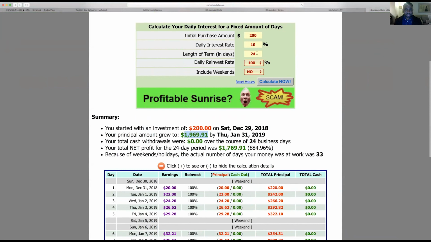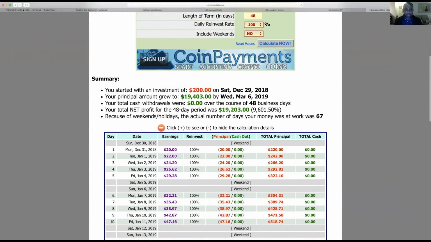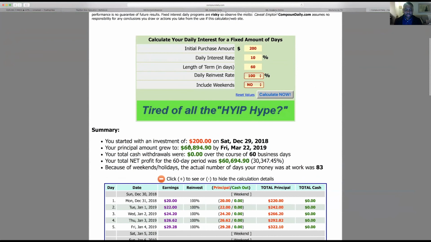Now watch this. If you are able to do this for 4 years, this is the power of compound interest. $19,000. And then if I went ahead and did this for 5 years, $60,000. You can quickly see how things can progress from here. Now again, I'm not making any income guarantees.